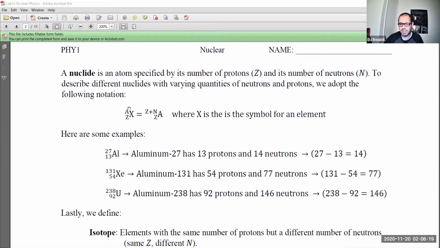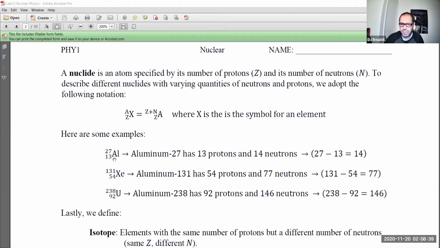For example, aluminum has 27 nucleons, namely protons plus neutrons, and 13 protons. So if I want to know how many neutrons it has, you subtract 13 from 27, and you end up with 14 neutrons.